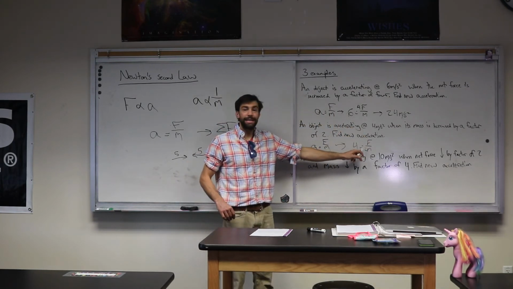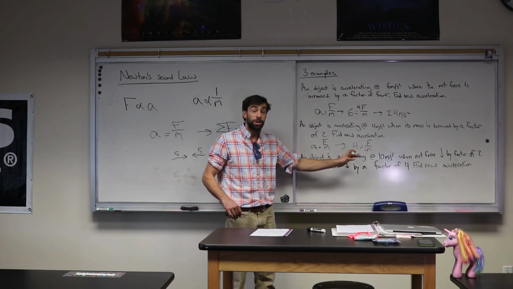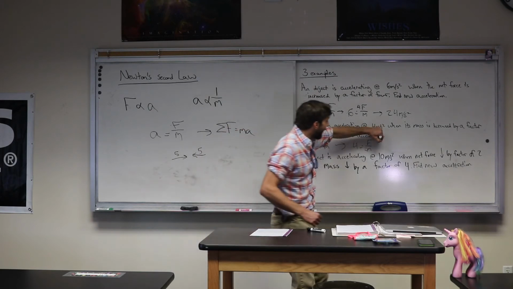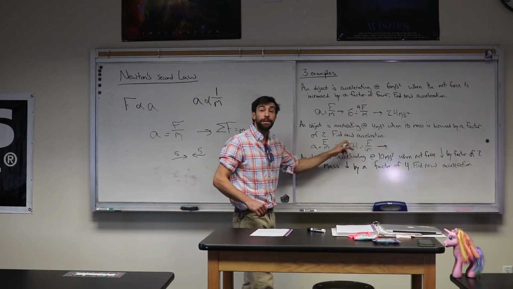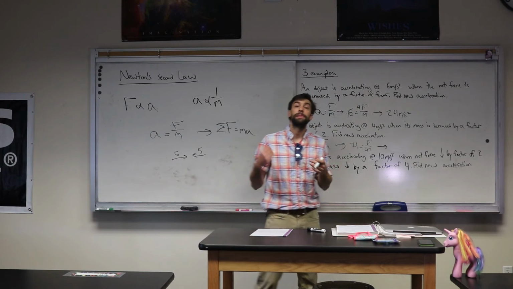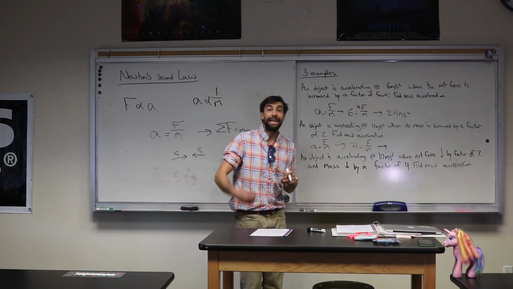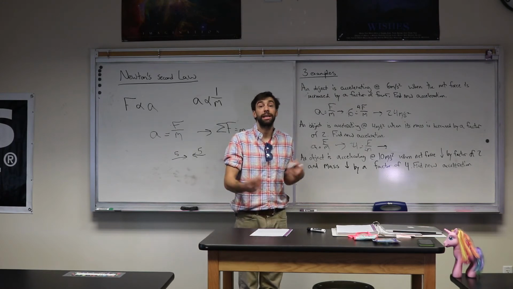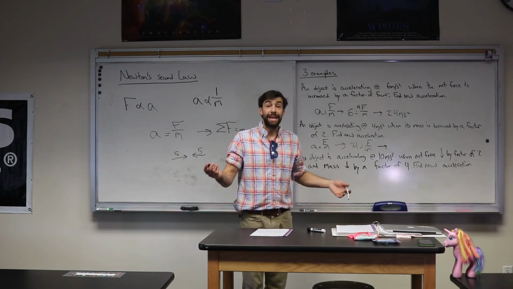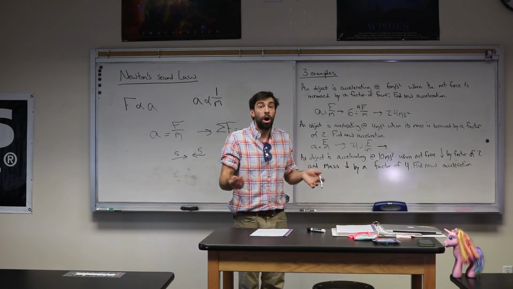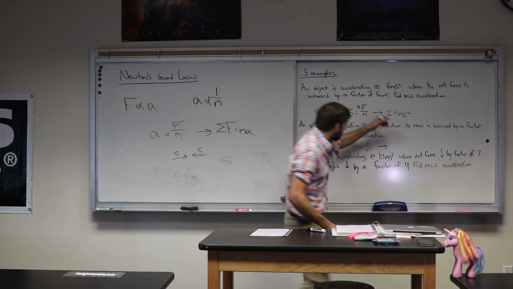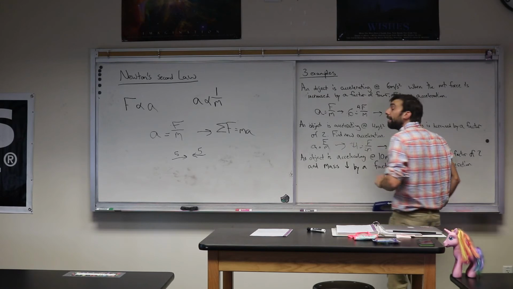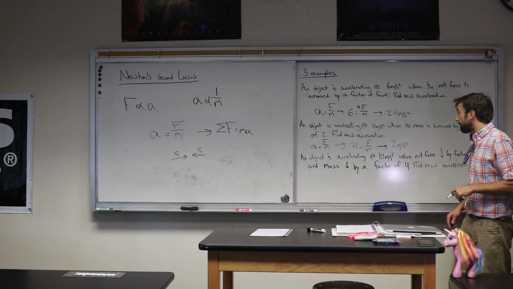If I increase what's in the denominator by 2, that's essentially dividing by 2, right? So I would have to divide this side by 2. So my new acceleration is going to be 2 meters per second squared. I double the mass, and it actually makes the acceleration get cut in half. A twice as heavy object is twice as hard to get moving.